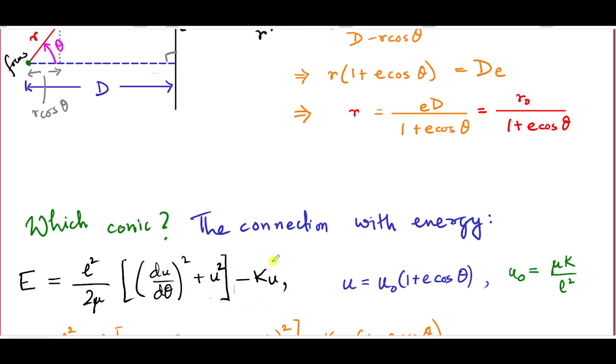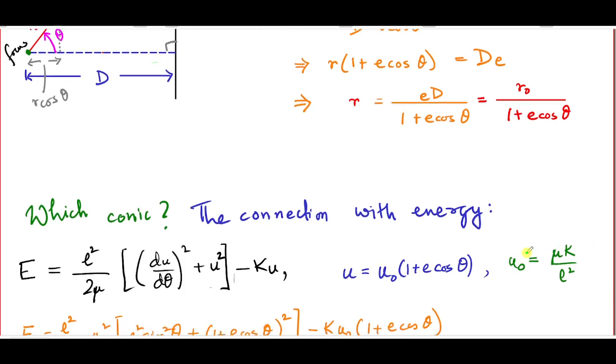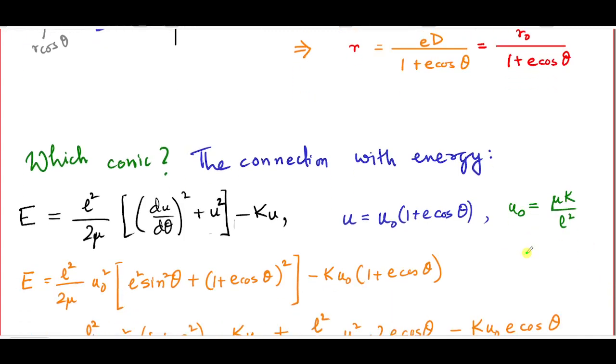Now, for the Kepler potential, the solution to the orbit equation, as we have already figured out in the last lecture, was u equals u0 into (1 plus e cosine theta), with the constant u0 being given by mu k over L square. Now, substituting this in the expression for the energy gives us the following.